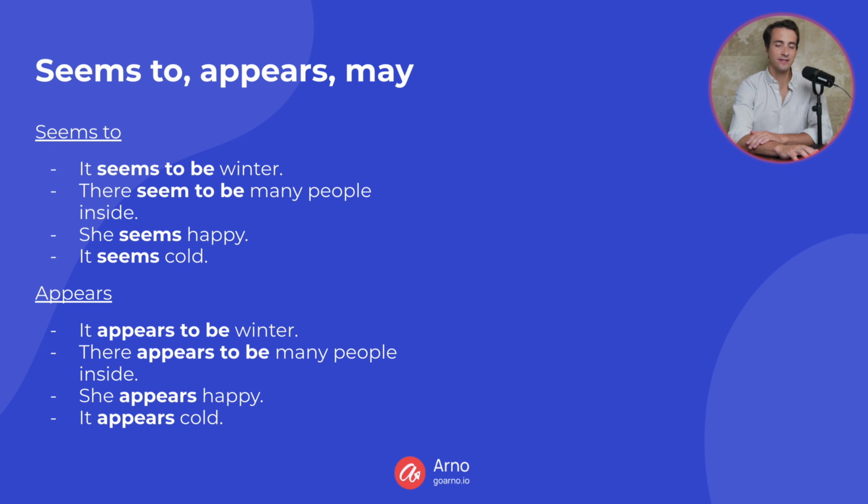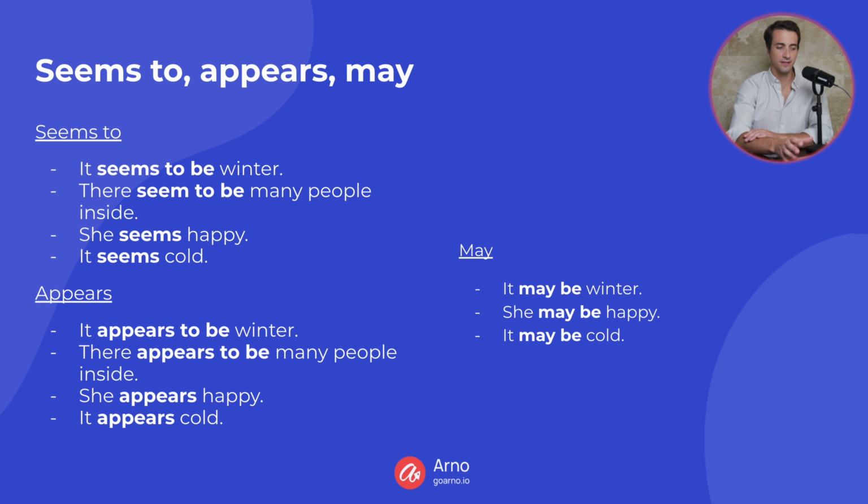May has a little bit different vocabulary. So it may be winter. She may be happy. It may be cold. The key thing to note is you will never have it may to be winter, for example. So you won't have may plus to be, unlike seems to and appears.